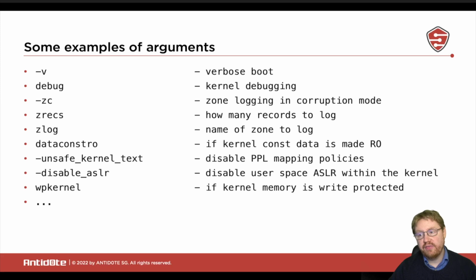And then we have a few debugging features of the zone heap inside the kernel, which is -zc, zrex, and zlog. Those activate certain different kinds of logging features inside the kernel heap itself.